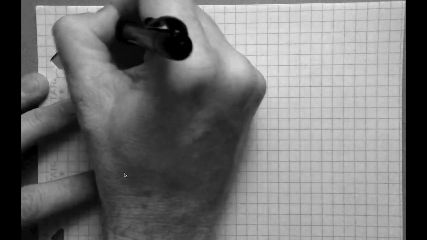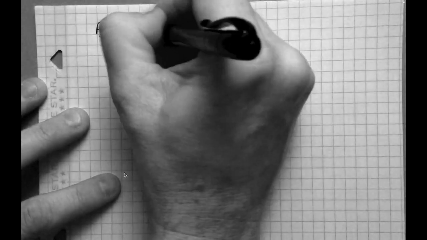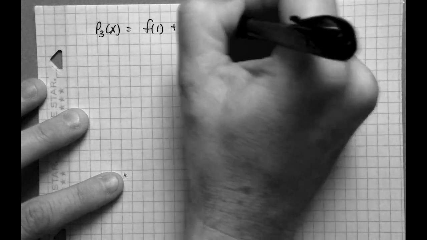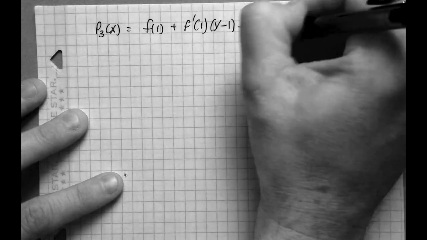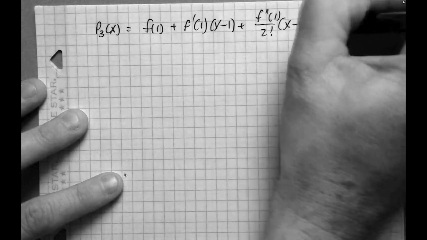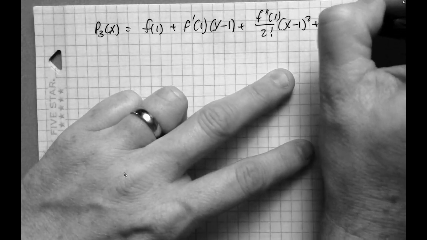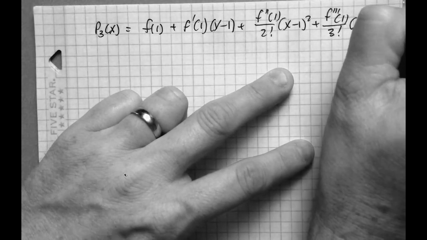And continuing on to p3 and p4. p3 of x is equal to f of 1 plus f prime of 1 times x minus 1 plus f double prime of 1 over 2 factorial times x minus 1 squared plus, and there you've got the third derivative evaluated at 1 over 3 factorial times x minus 1 cubed.